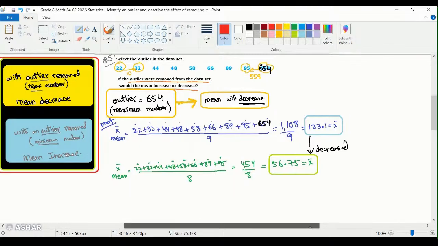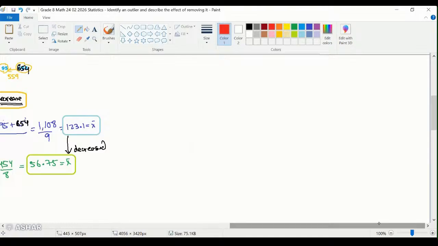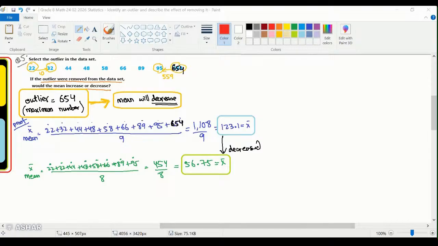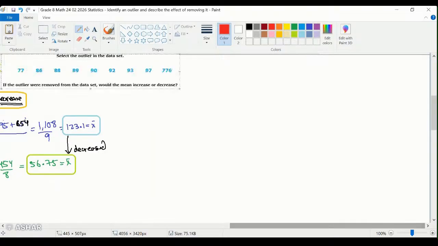Okay, just a moment, please. I'll copy another question. The next question would say, for the given set of values, select the outlier in the data set. Okay. Question number 6 is this information.